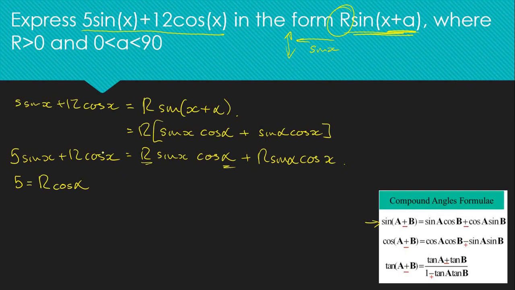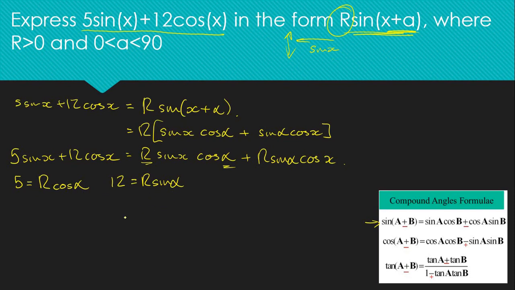Similarly, here you've got 12, you've got cos x, cross those out, and you'll end up with 12 equals R sin alpha. So we've gone from having one long equation with two variables that we need to find out into two equations with two variables.